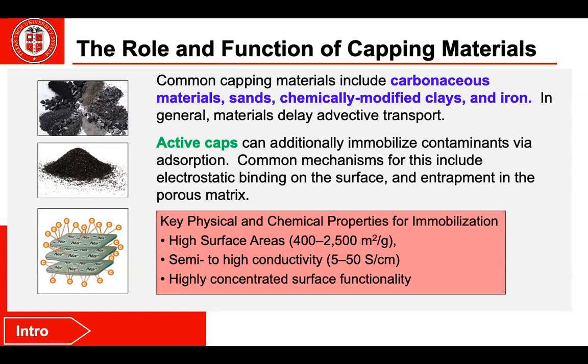You could look at chemically modified clays, which I have in my diagram at the bottom left, where you can see it's a very different structure than your typical clay structure. It's just layers and these ionic layers that are designed to contain as many organic compounds as possible, as well as just general iron and iron filings. All of these have been demonstrated at field scale and all of which are fairly effective.